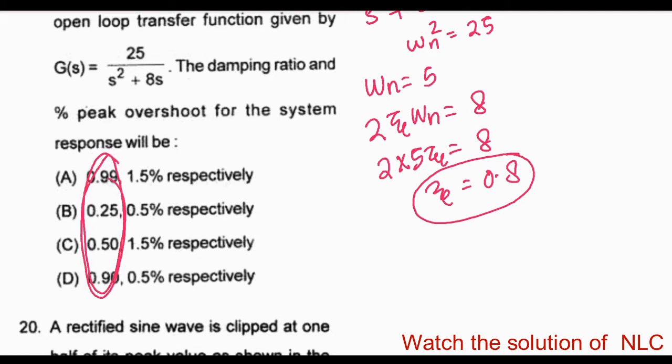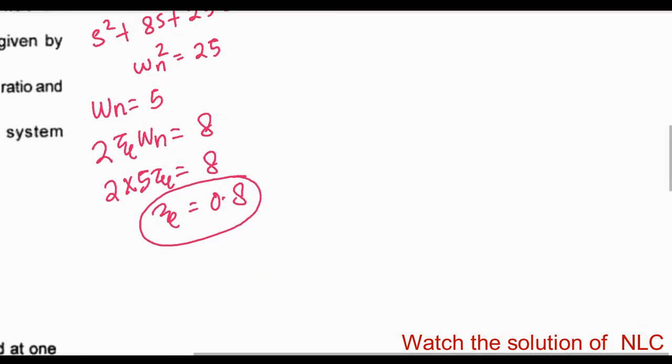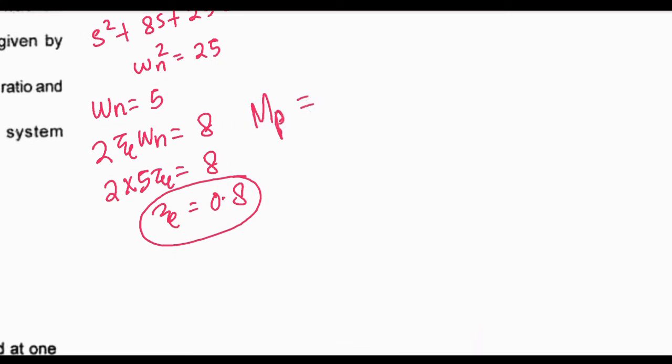So these options are also wrongly given. So now we will find the Mp, that is the maximum peak overshoot, percentage maximum peak overshoot, and its formula is exponential of minus zeta pi by square root of 1 minus zeta square.